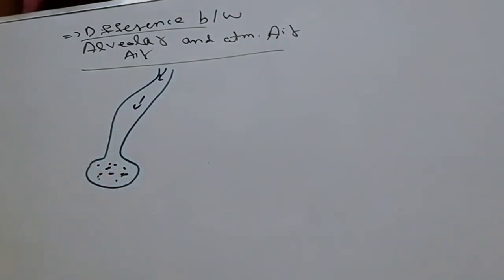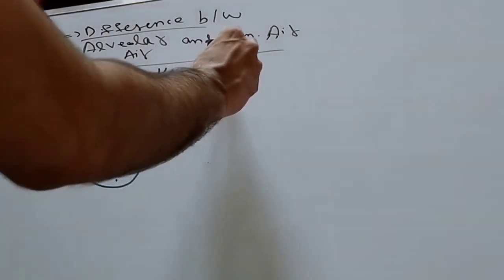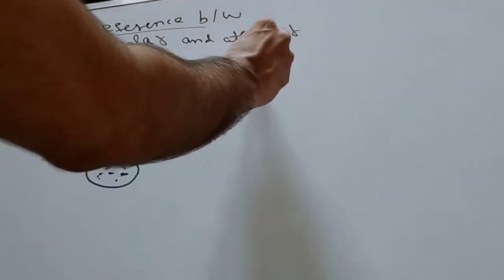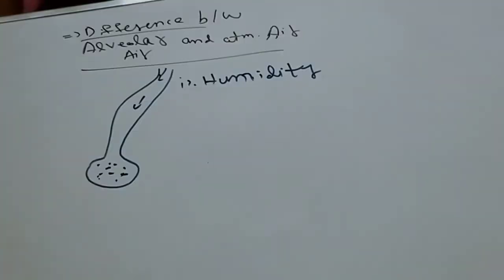Now the difference between the atmospheric air and the alveolar air is that air, when it comes into the alveoli, gets humidified. So number one is humidity level. The humidity level of the alveolar air is greater as compared to the atmospheric air. Atmospheric air is dry, but it gets humidified in the respiratory tract.